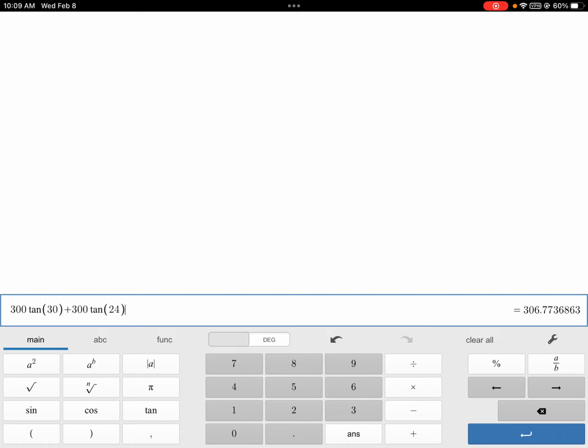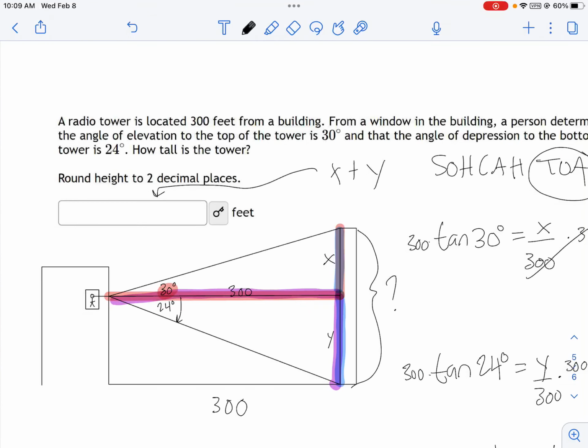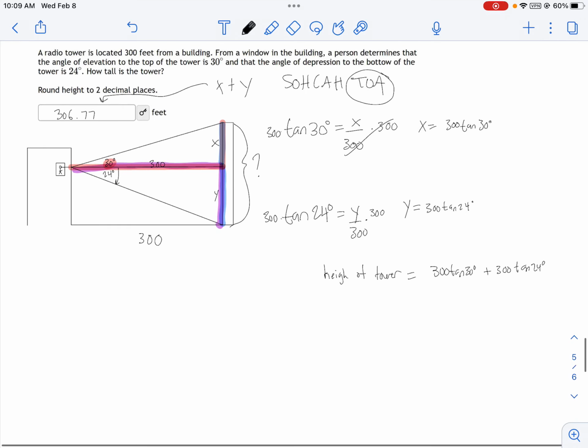Behind that second 7 is a 3. 3 rounds down, so your final answer would be 306.77. And that is the approximate height of your radio tower, assuming that your two elevation and depression angles were accurate. Alrighty, thank you so much for watching.